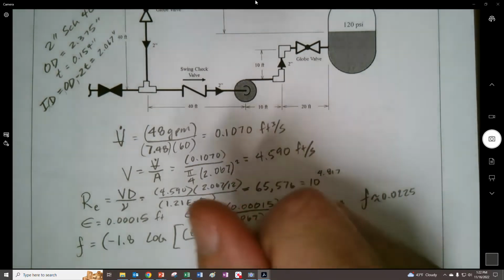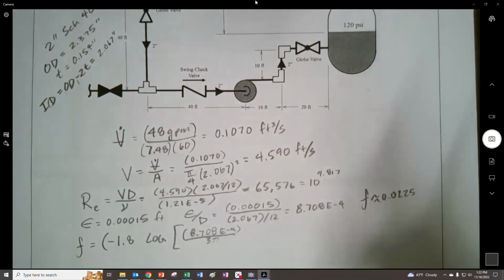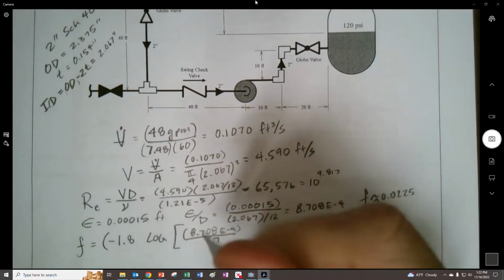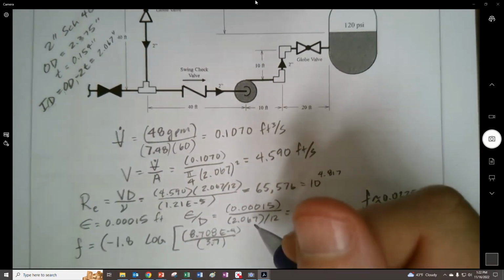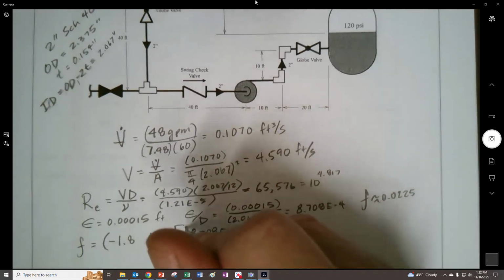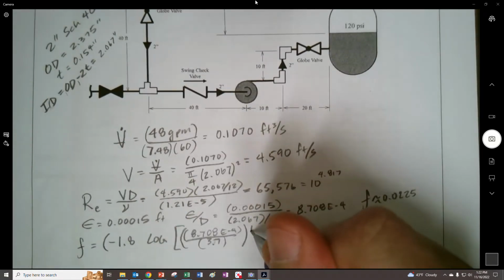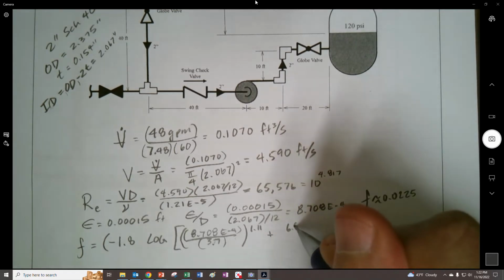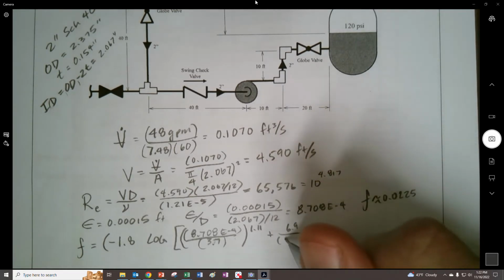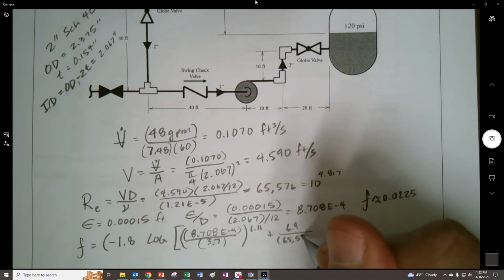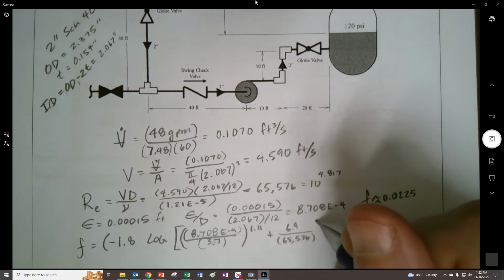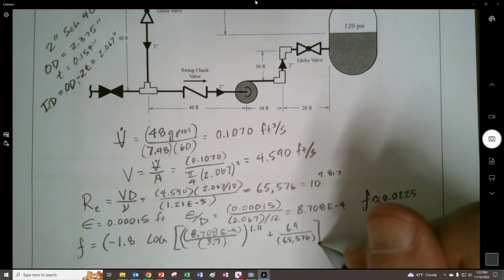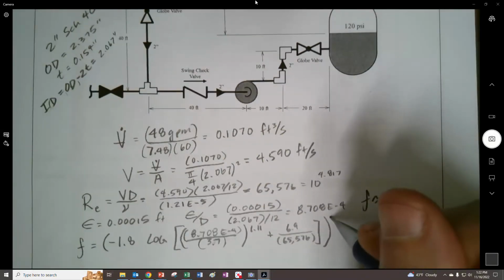Doesn't look like a 3.7, looks like 3 pi. 3.7. And then I think that whole thing gets raised to the 1.11 plus 6.9 divided by the Reynolds number, 65,576. And then we see if we can close that off, but then raise this to the minus 2.